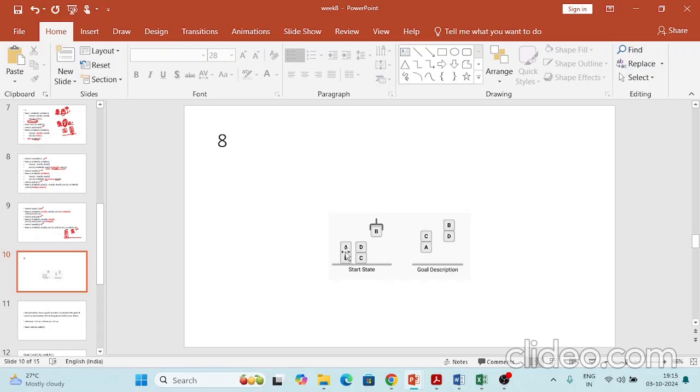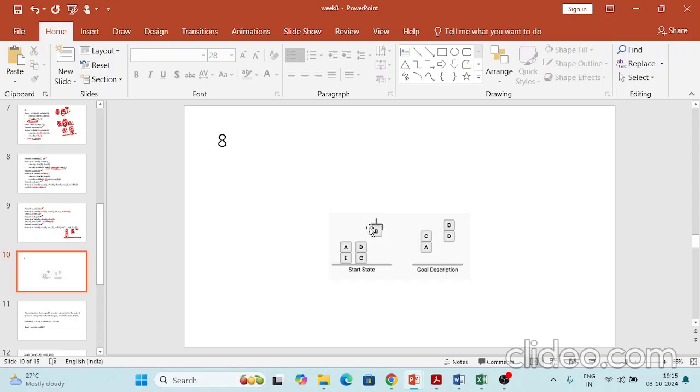Normally we need to write the entire procedure from the goal to the start, but here we use the shortcut without doing the entire algorithm. So we need to come back to the start.